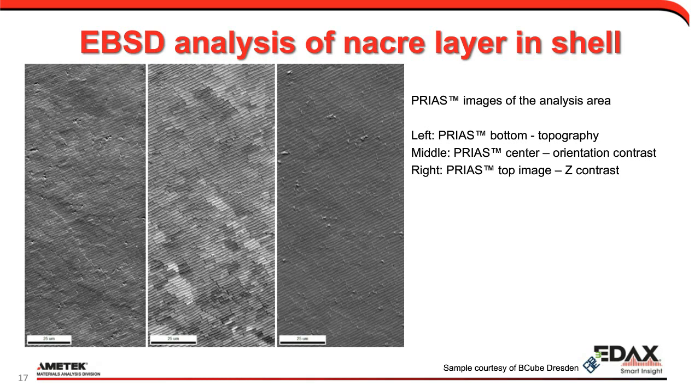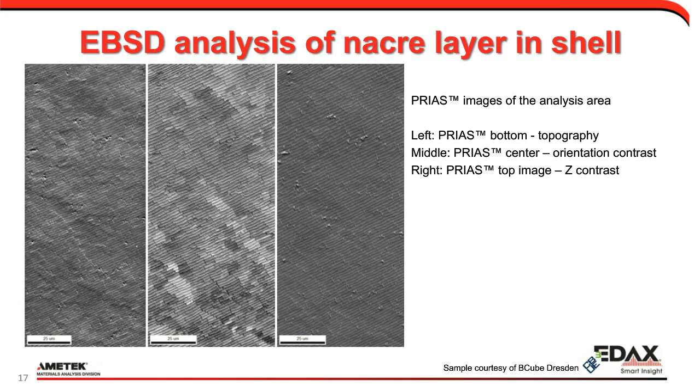The nacre layer is the iridescent layer, otherwise known as mother of pearl, and this serves some functionality within the marine organisms.